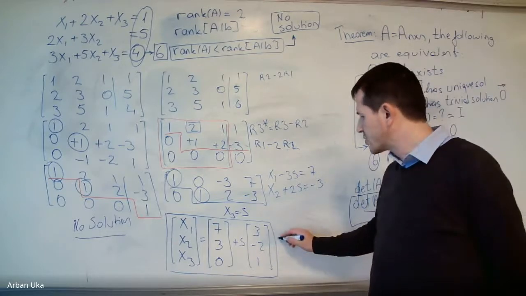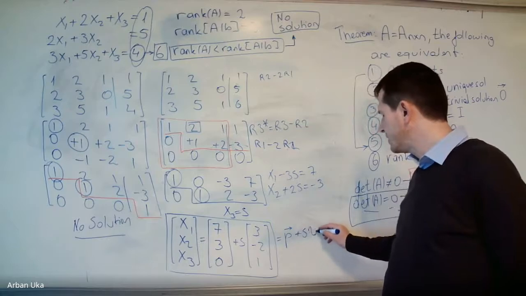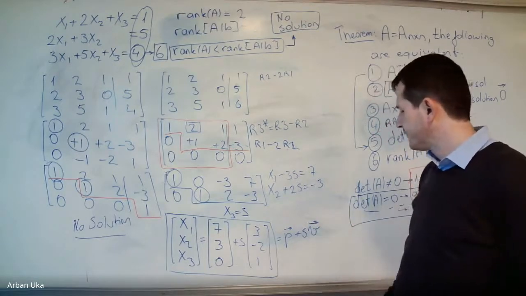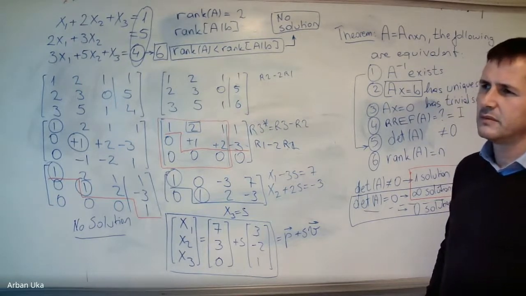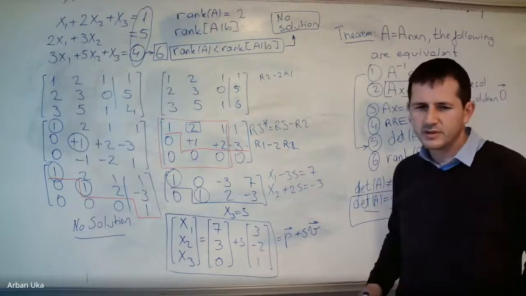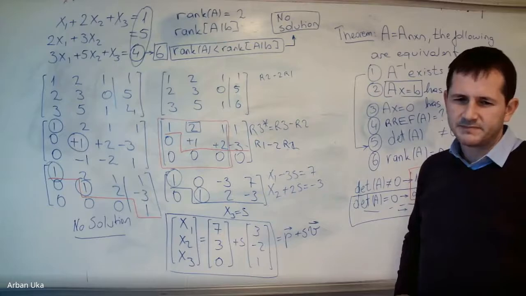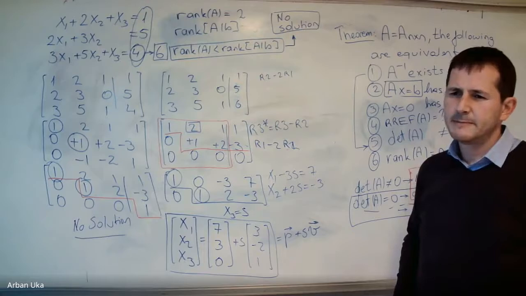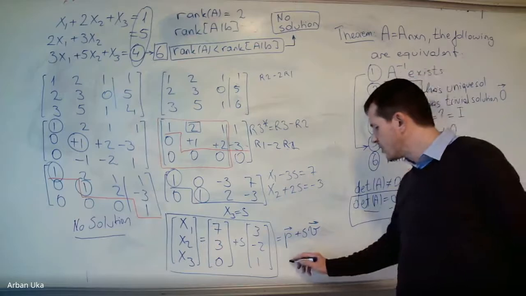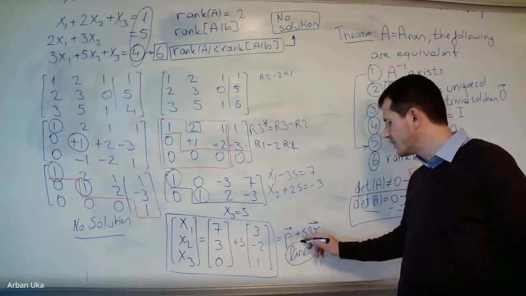No, this is the equation that looks like this: P plus S times V. What do we call this? Come on, everybody. It's a line, maybe. It's a linear equation. Yes, but this is the equation of a line. So this is the equation of a line, okay?